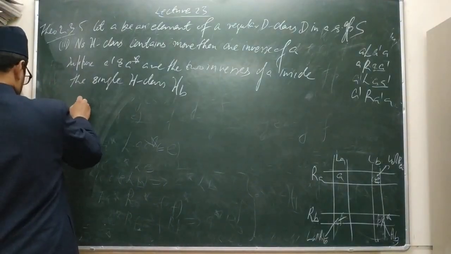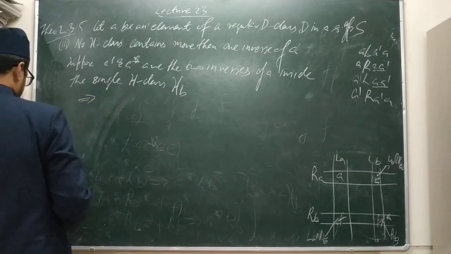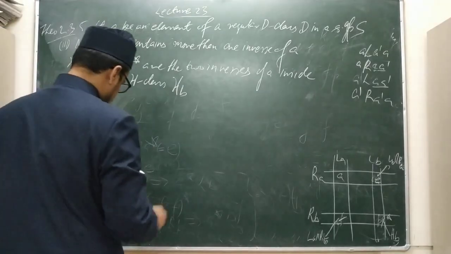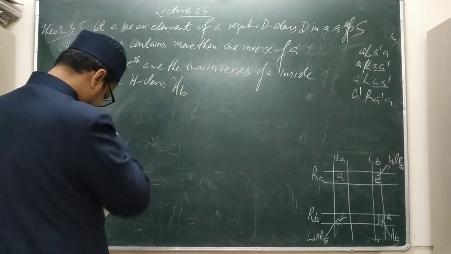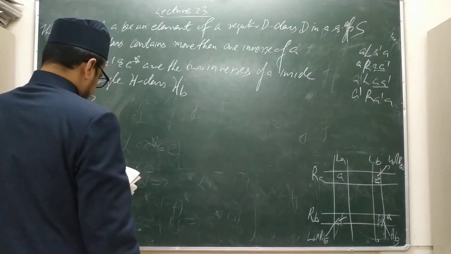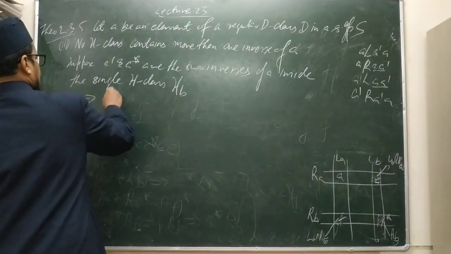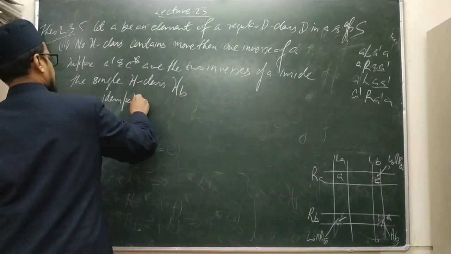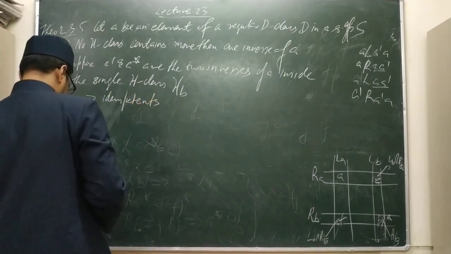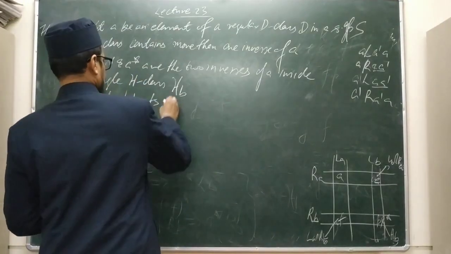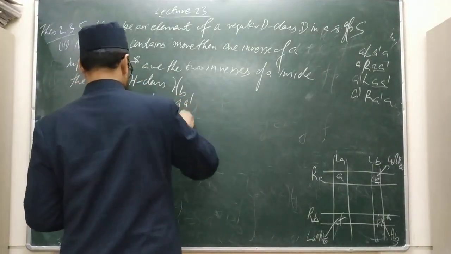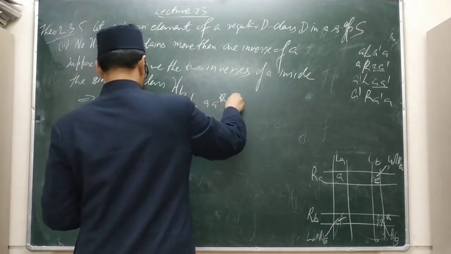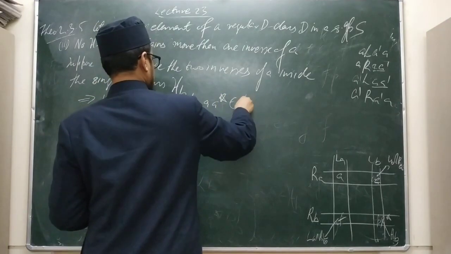So it implies that the idempotents A dash A and A star A belong to H_B.